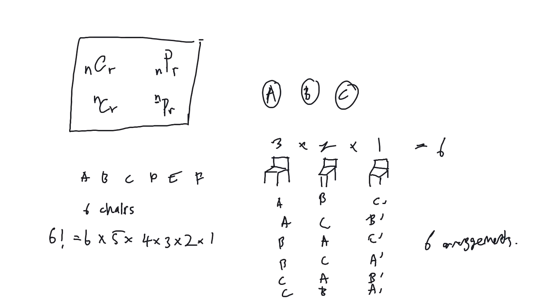What if we go to the second page. What if you have, let's say, still 3 persons, but now only 2 chairs.